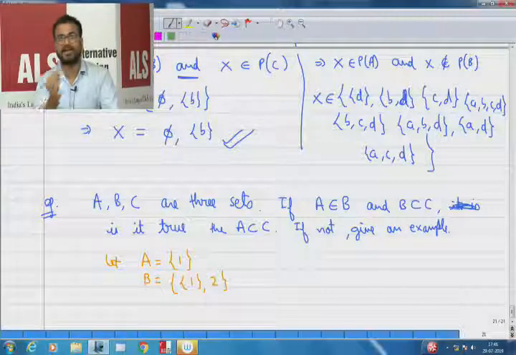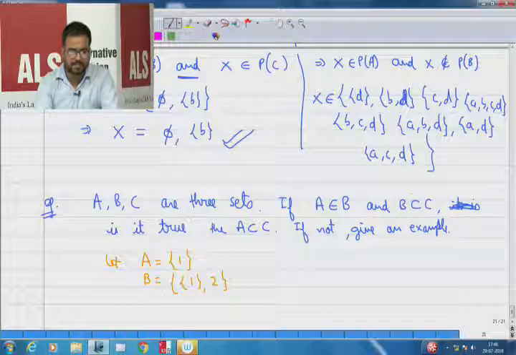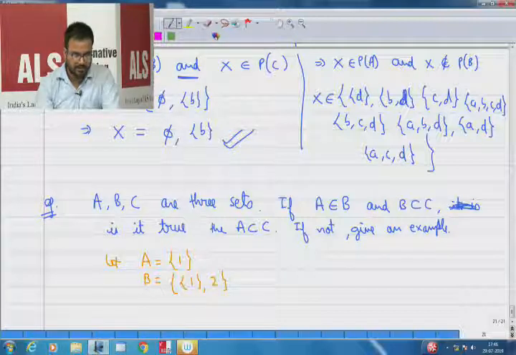We have done element and subset, many questions we have done. So we can say A is an element of B, and since B is a subset of C, then this complete thing should be there. So we can write C as, since B is a subset, without these parentheses it should be written like this.